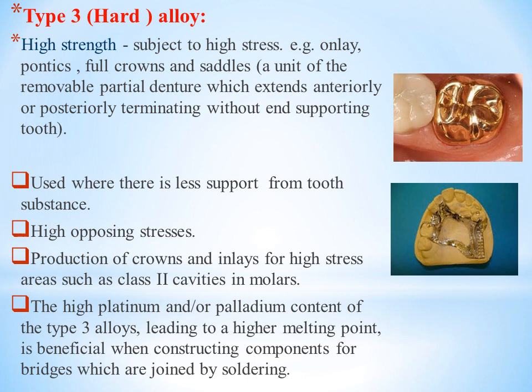Production of crowns and inlays for high stress areas such as class 2 cavities in molars, and again the gold content is decreasing, so as a result the mechanical properties are getting better, and they are being replaced by platinum or palladium, and this leads to a higher melting point which is beneficial when constructing components of bridges which are joined by soldering.